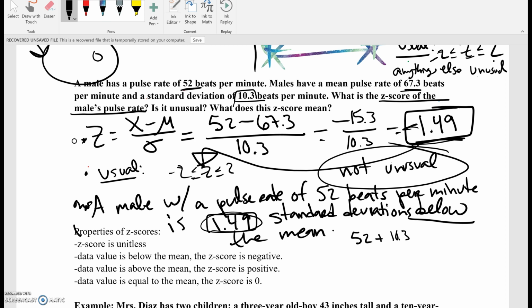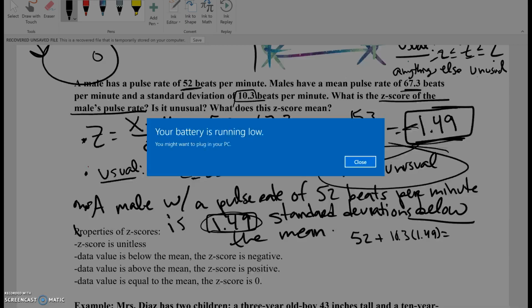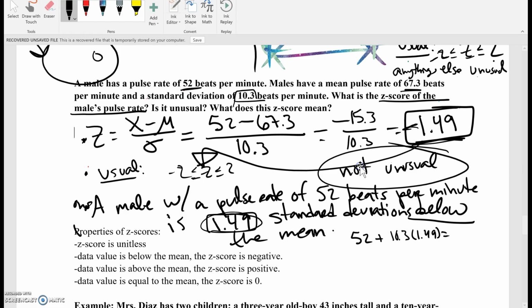So I take 10.3 and multiply it by 1.49, and add that to 52, and what I should get is the mean. 10.3 times 1.49 is approximately 67.3 when added to 52, so I get approximately that.